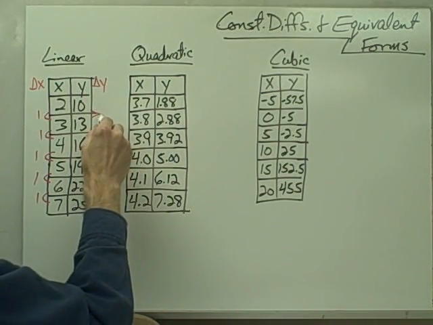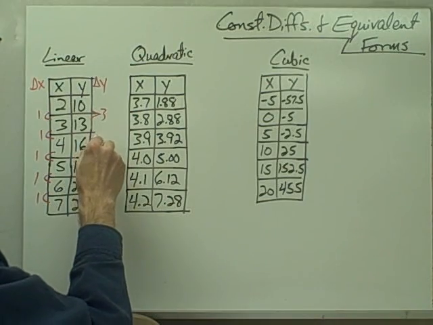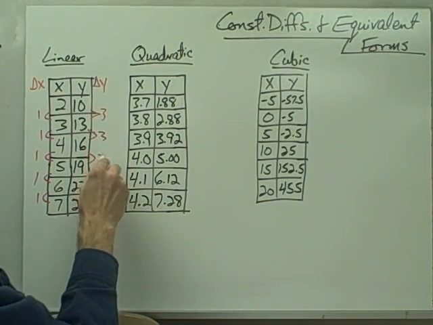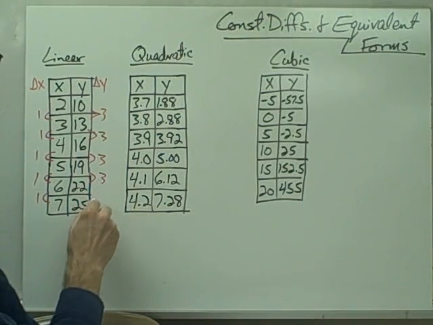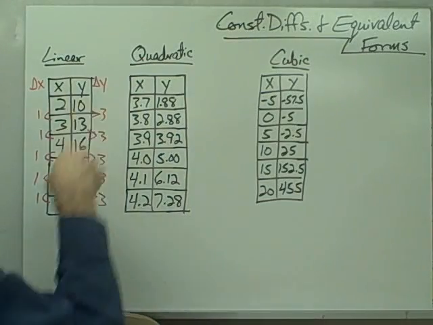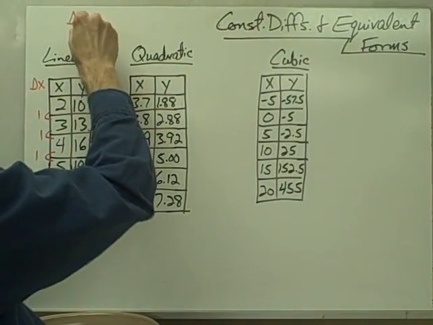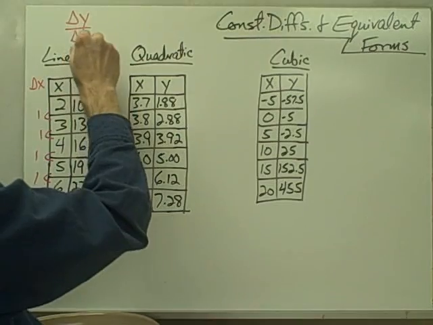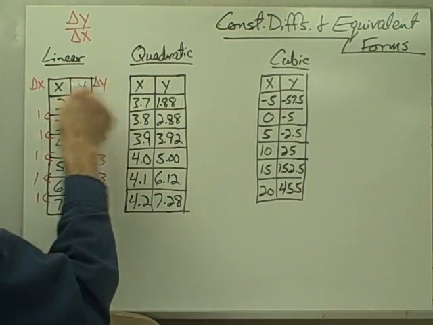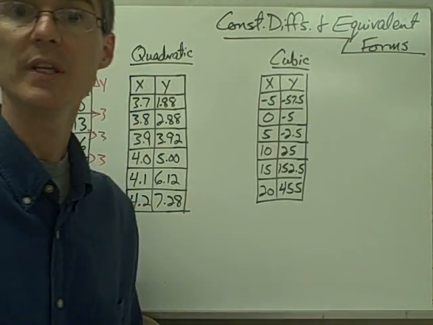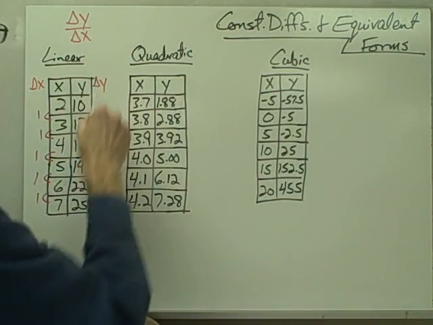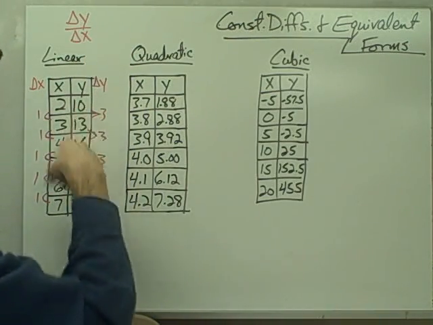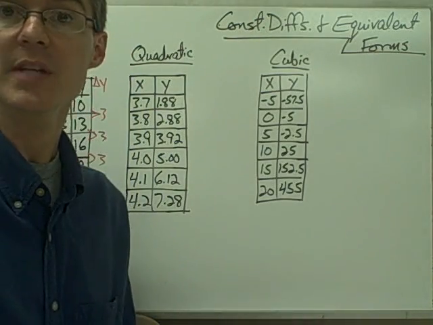So 13 minus 10 is 3, 16 minus 13 is 3, 19 minus 16 is 3. All of these are 3. And since the definition of a linear function means that all of the delta y over delta x values, or the rate of change, is always constant for a linear function, that's how we would know that this represents a linear function.